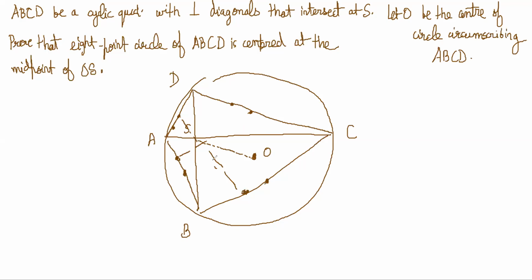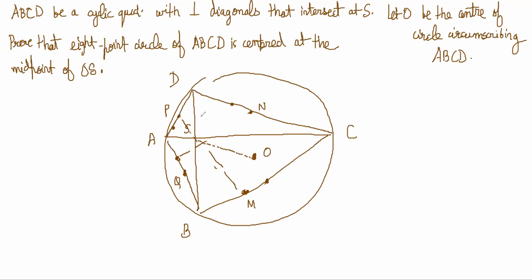This is M, this is N, this is P, this is Q. MNPQ is a rectangle. It is not a rectangle in my figure, but my figure is wrong, so that's fine.